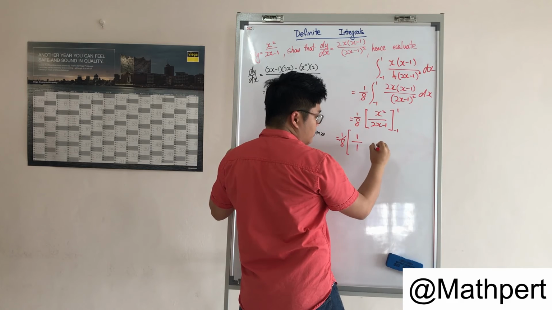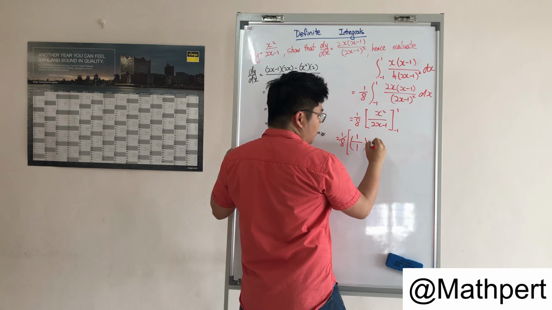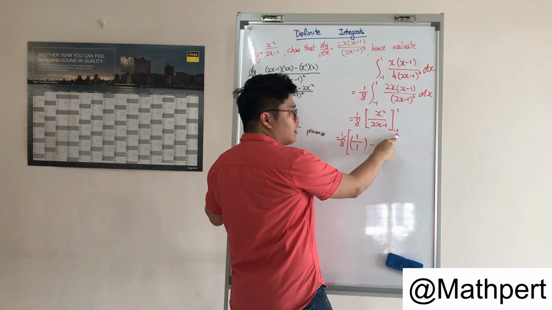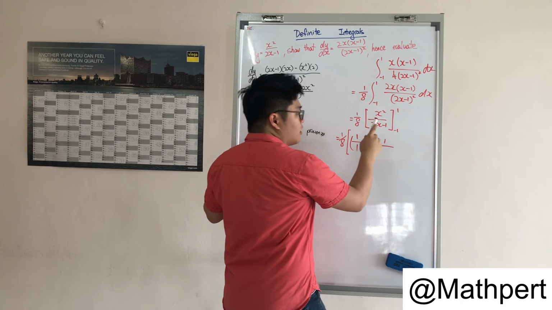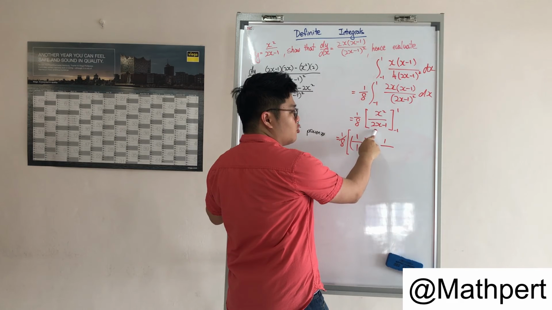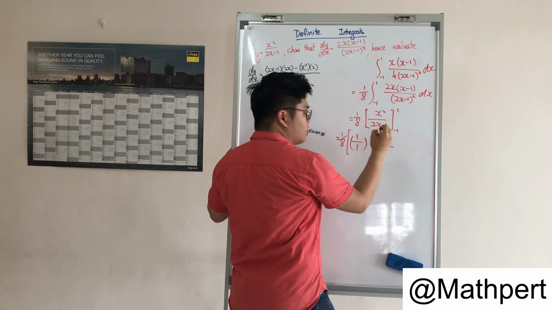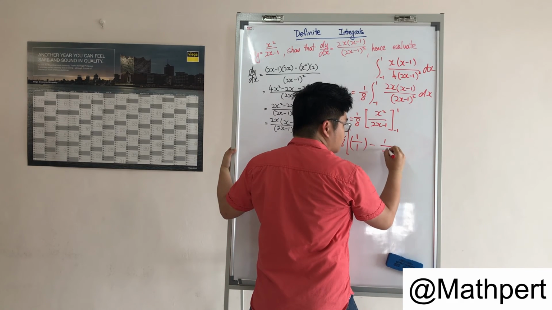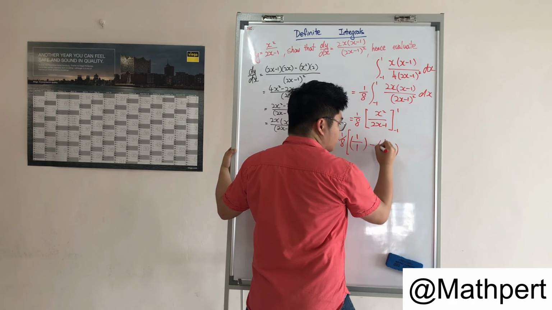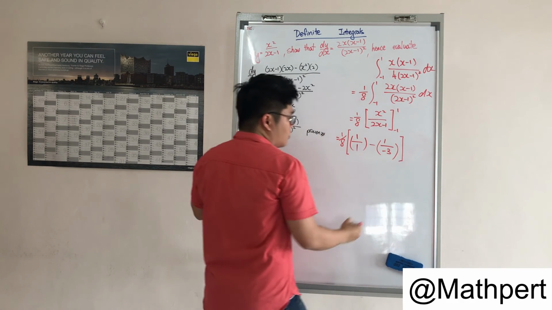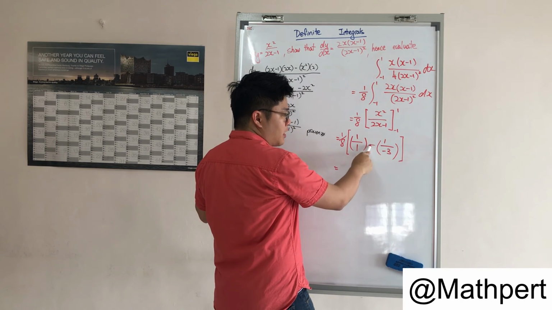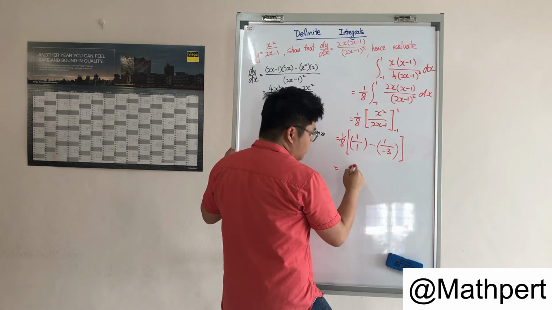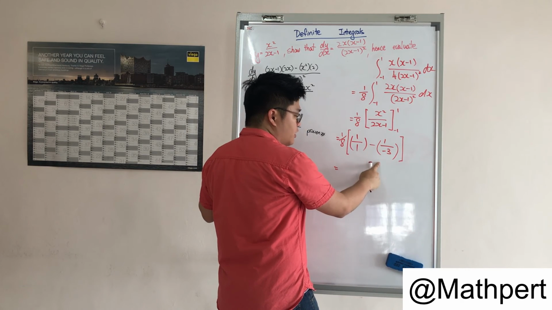This is 1. Minus, minus 1 squared is 1, over minus 1 multiplied by 2, minus 2, minus 1, minus 3. Notice minus becomes plus. This is 1 plus 1 over 3.